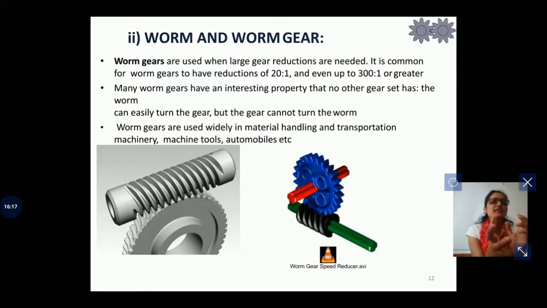One interesting thing in case of the worm and worm wheel is that the worm is always the driver and the wheel is always the driven member. There is no reverse motion. If reverse motion were there, self-locking would not be possible, and that self-locking is beneficial for lifting devices. So worm and worm wheel is used for lifting devices. It is also used for transportation machinery.